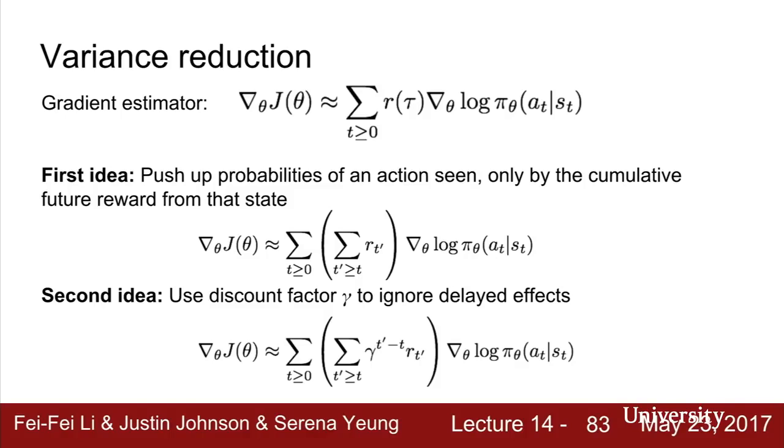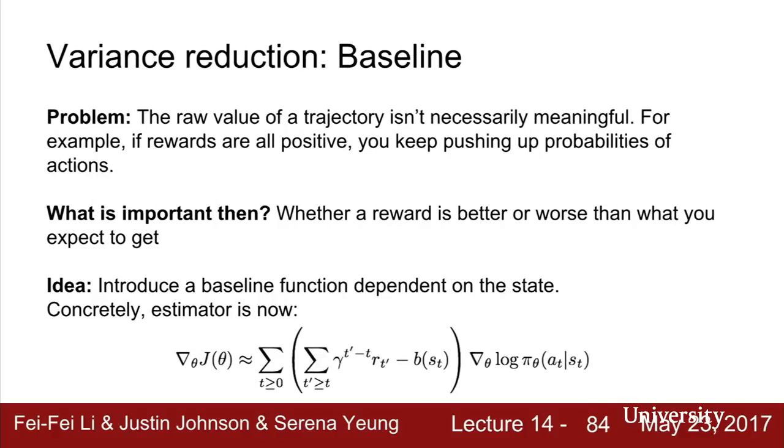So we're now saying how good or bad an action is by looking more at the local neighborhood of rewards that it generates in the immediate near future, and downweighting the ones that come later on. Okay, so these are some straightforward ideas that are generally used in practice.